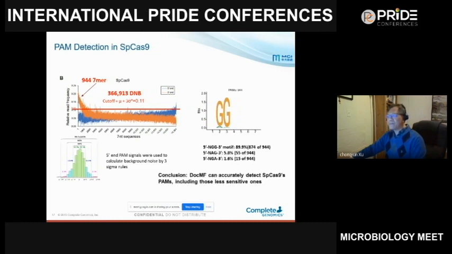Because the coverage is extremely high, we also found 5.8% NAG and 1.6% NGA. So with this method, we can not only find NGG, but also those much less sensitive ones.